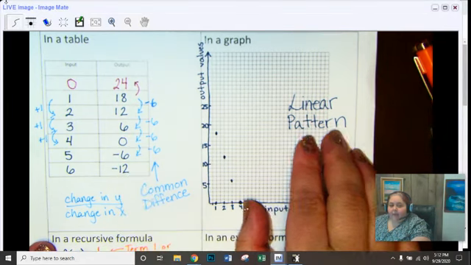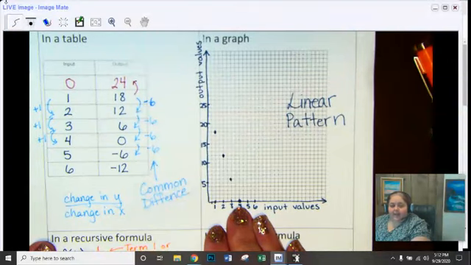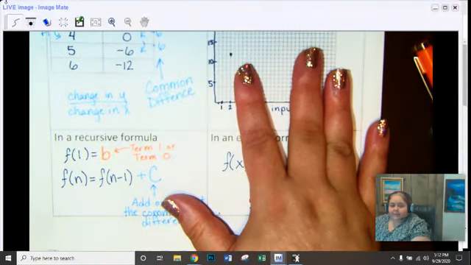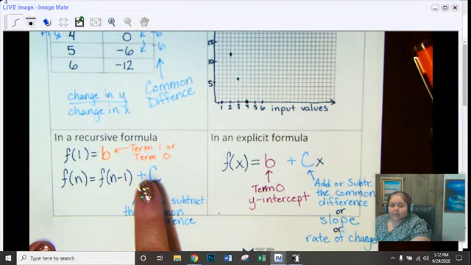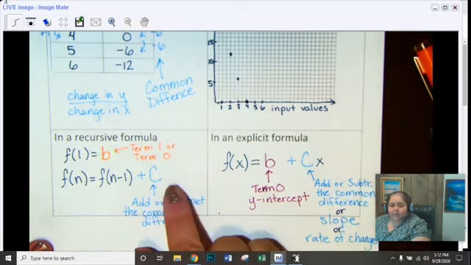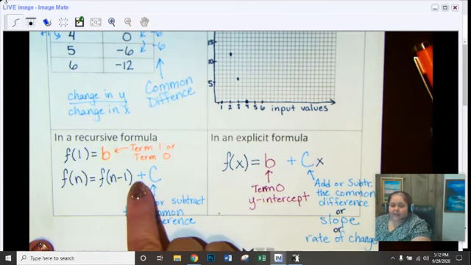On a graph, you're looking for a linear pattern or points that line up to make a straight line. In a recursive formula, you're looking for something that adds or subtracts a common difference from your equation. So you're looking for a plus or minus right here.